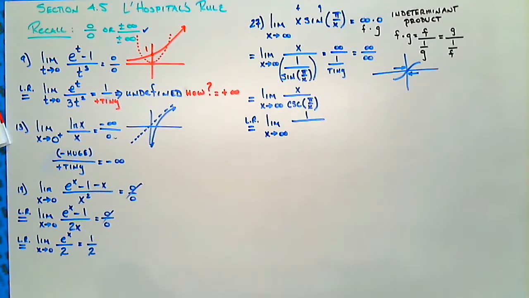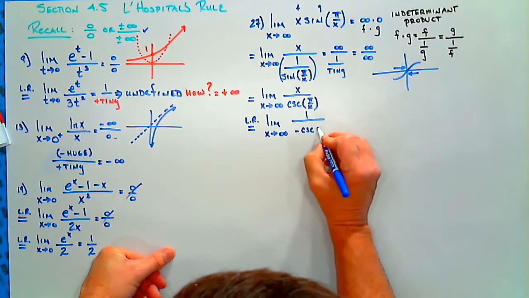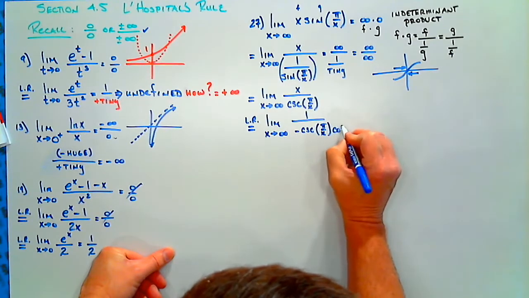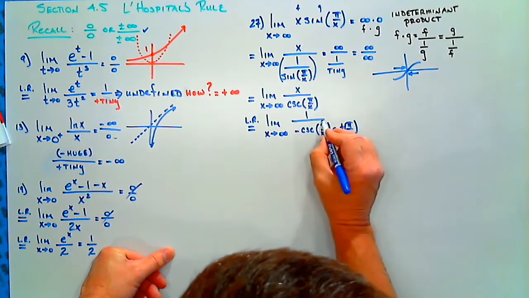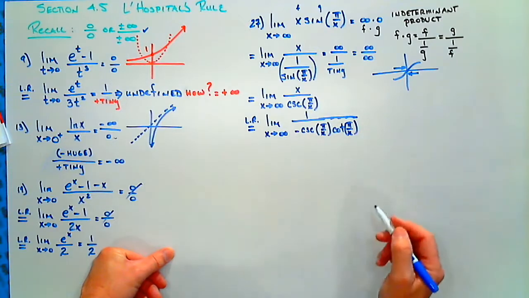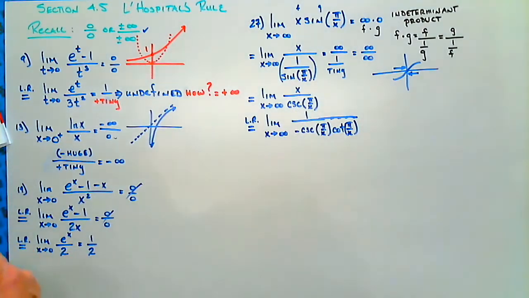And we all know what the derivative of cosecant is. The derivative of cosecant is negative cosecant cotangent. So we have negative cosecant of pi over x cotangent of pi over x. And we're not done yet because we've got to use the chain rule.